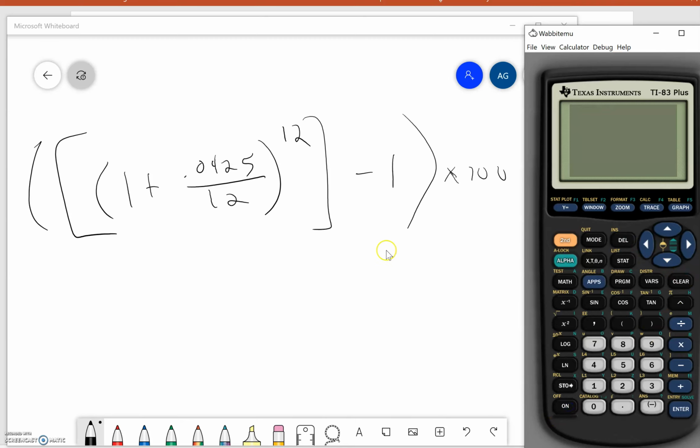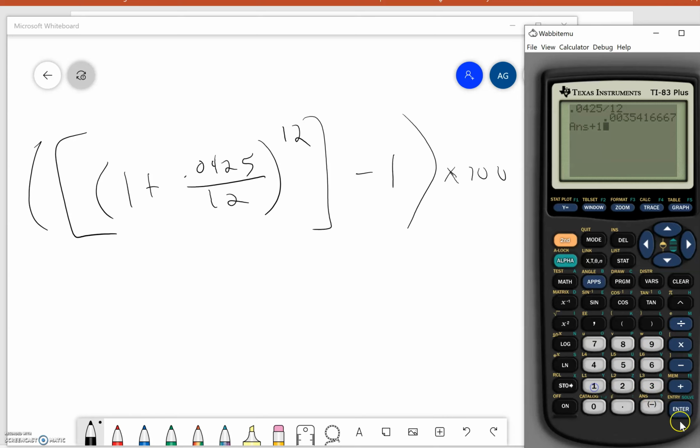My general method here is I kind of work from the inside out because there's a lot of parentheses and a lot of fractions and so forth. So this is what I tend to do. 0.0425 divided by 12. I get that.